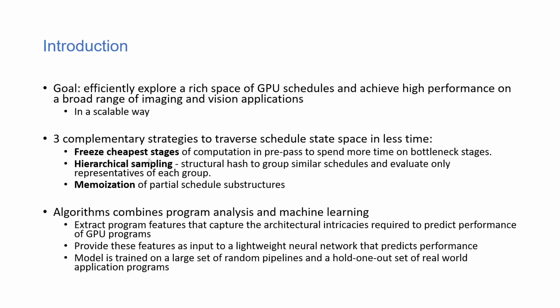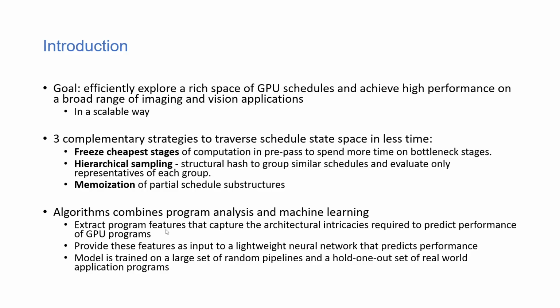The three strategies that are introduced in this paper to explore the state space are: freeze the cheapest stages, which is to spend more time in the bottleneck stages; hierarchical sampling, which is basically creating a structural hash for schedules to group them and evaluate just a representative to reduce the number of schedules evaluated; and also memoization to avoid evaluating similar substructures in schedules twice. And the algorithms combine program analysis and machine learning.